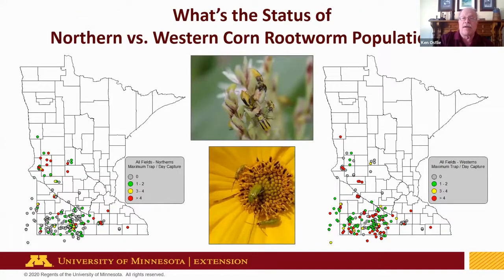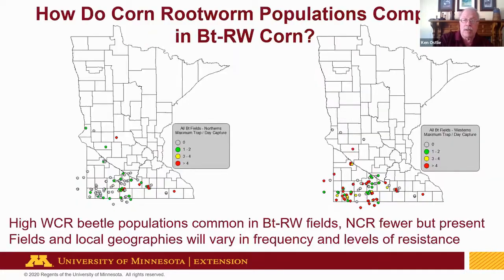In terms of northerns versus westerns, historically westerns were less common, but that reversed when we got BT resistance in western corn rootworm. And lately it's flipped again, in part due to the severe winter in 2013, 2014. But it may also indicate that northerns are developing resistance, and we talked about that just a moment ago.